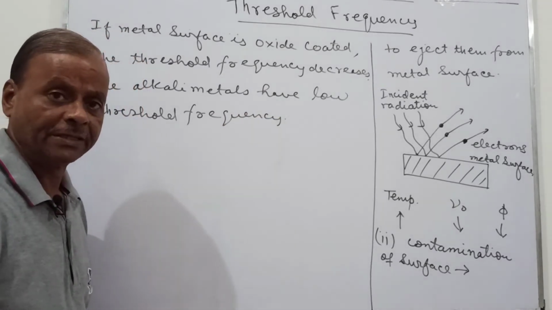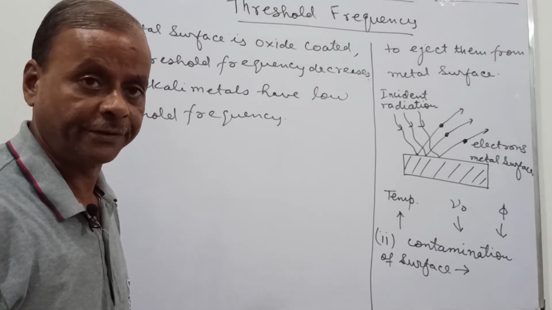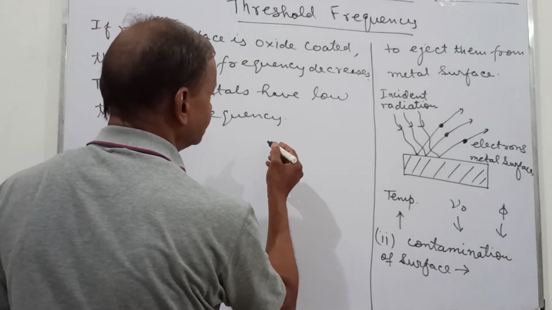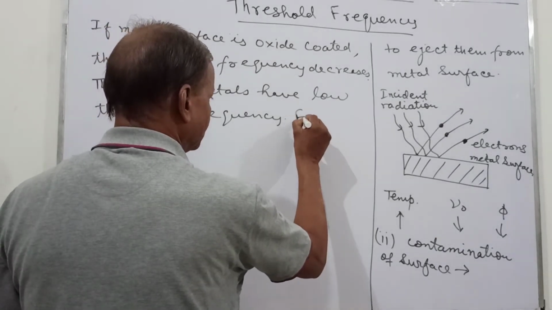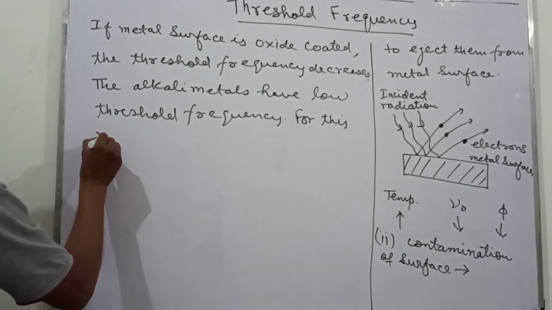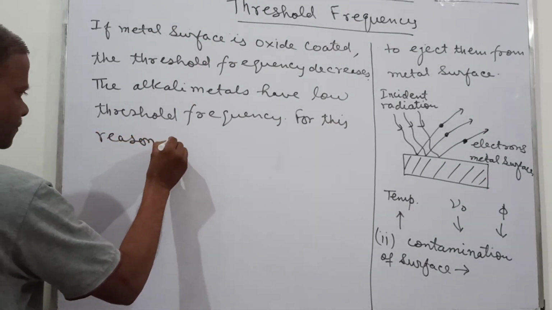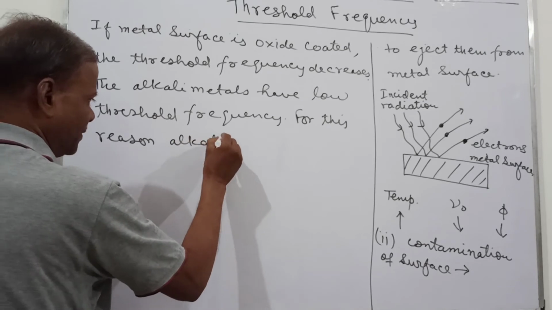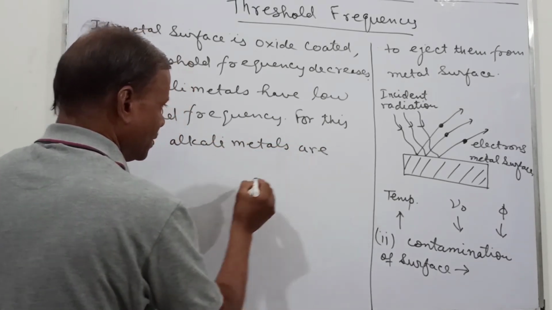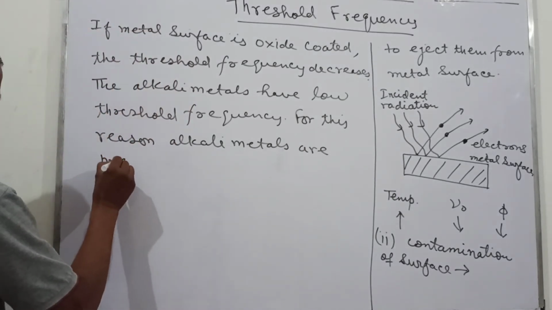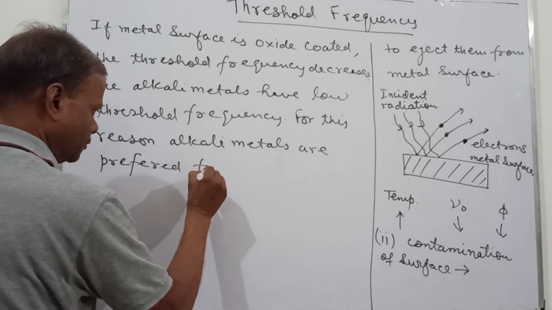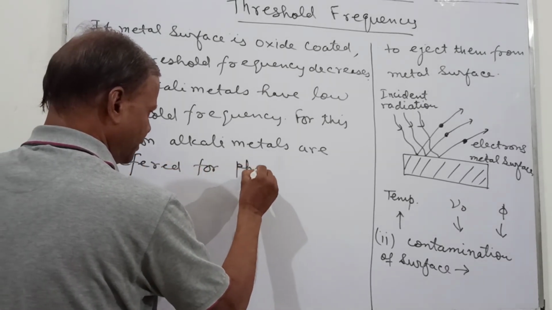This is why alkali metals are preferred for the photoelectric effect.